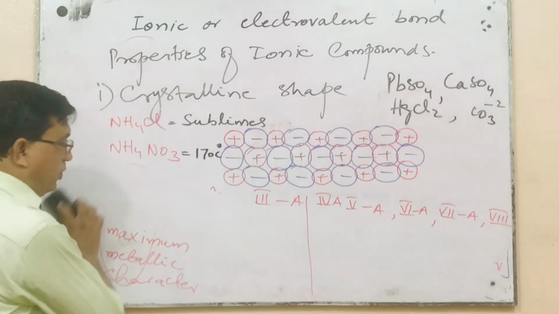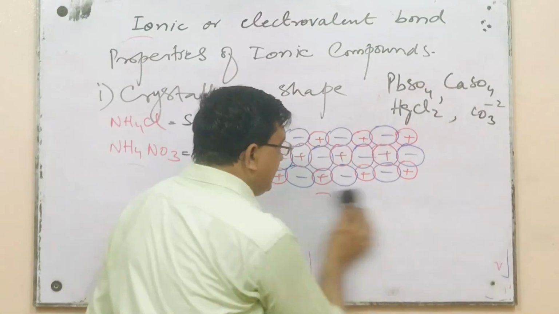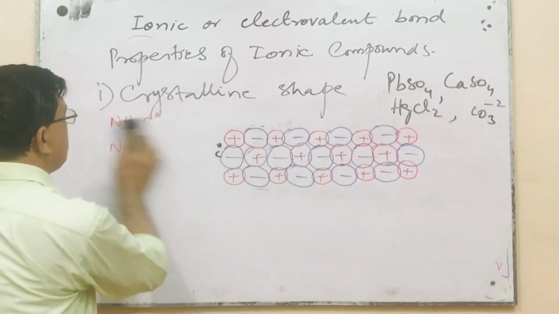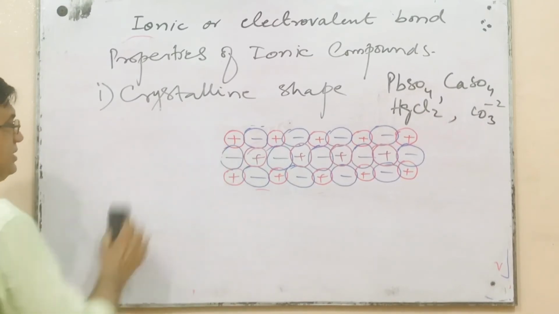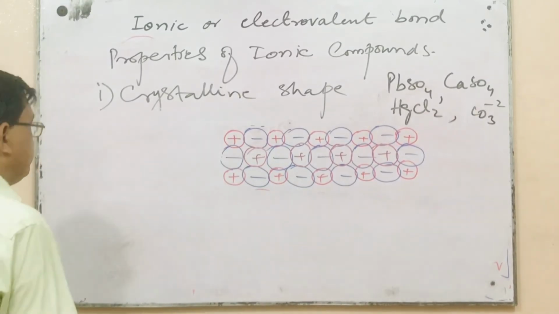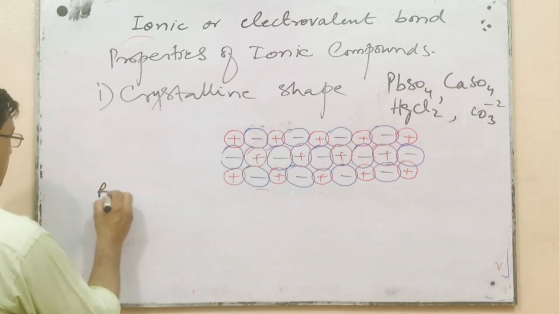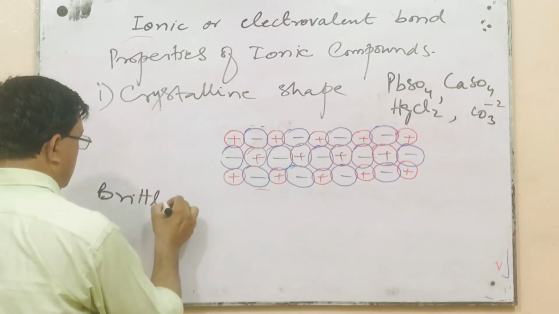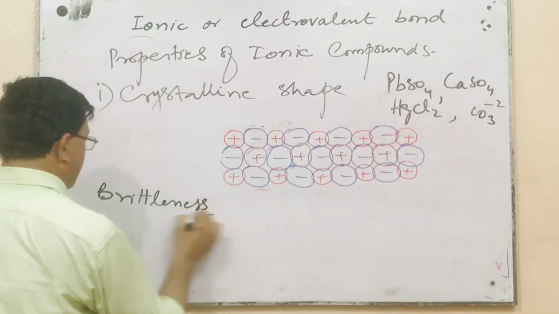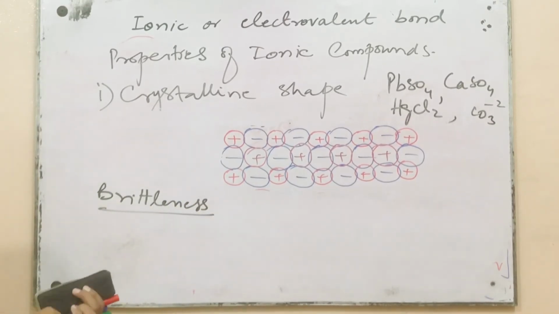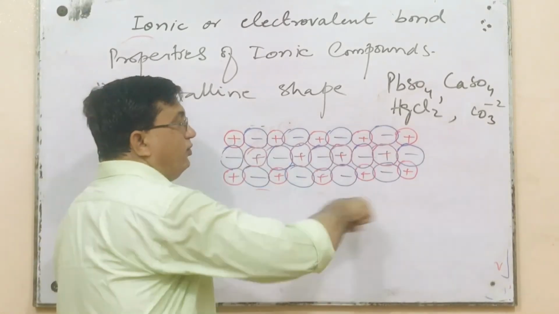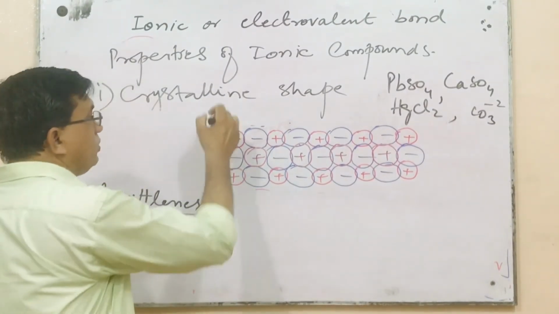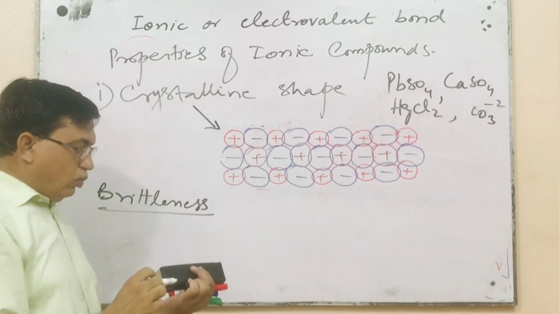Next important property of ionic compounds is brittleness. What does it mean? For example, if we have an ionic compound and we apply force on it, what will happen?